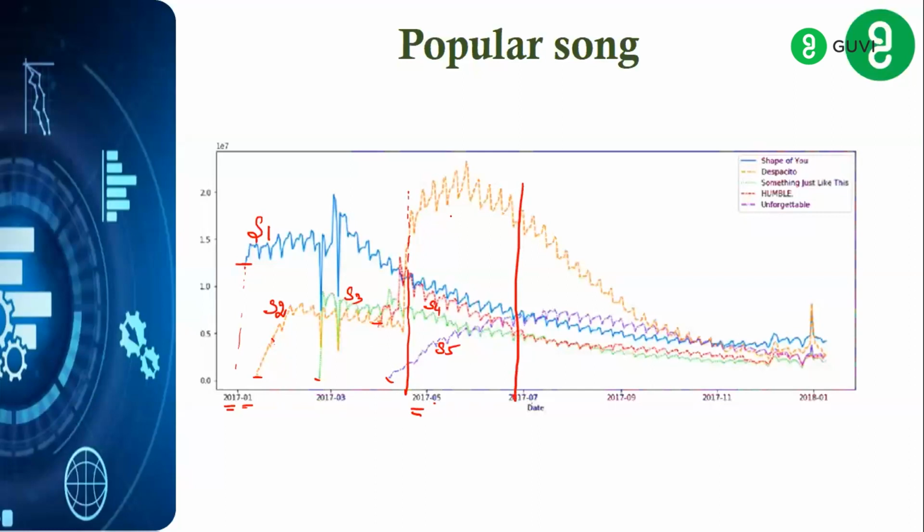During this time period, song two was more popular. Similarly, I can state that the blue line was more popular on this particular period because the peak is higher, no? And the popularity is down here because the peak is low, no?